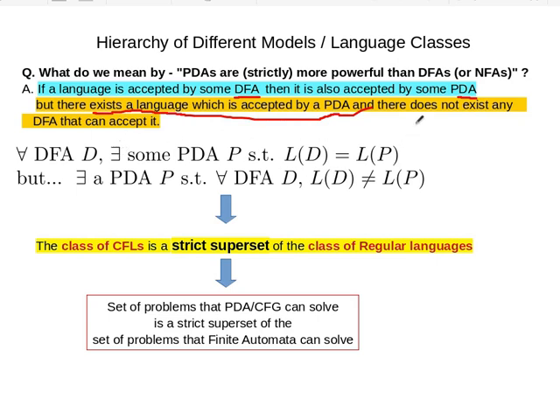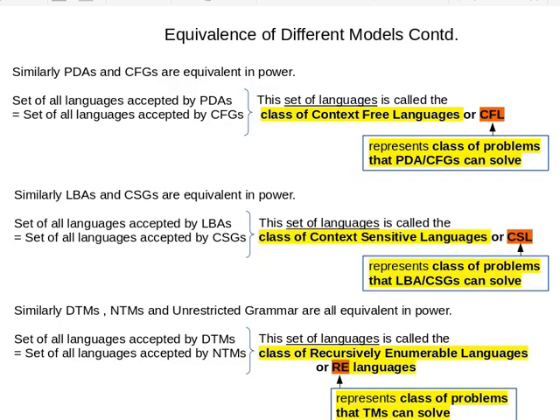That corresponds to some particular computational problem, and that problem can be solved using the PDA model, but it cannot be solved using a DFA. That means it cannot be solved using an NFA or regular grammar either, because those are all equivalent. So that problem doesn't belong to the class of regular languages. And consider this class of CFL, which I mentioned on the previous slide: these are languages accepted by PDAs.